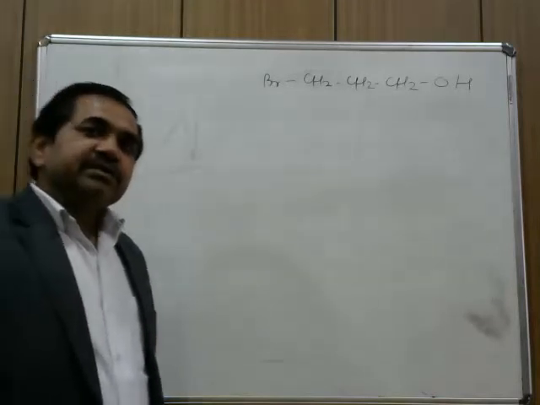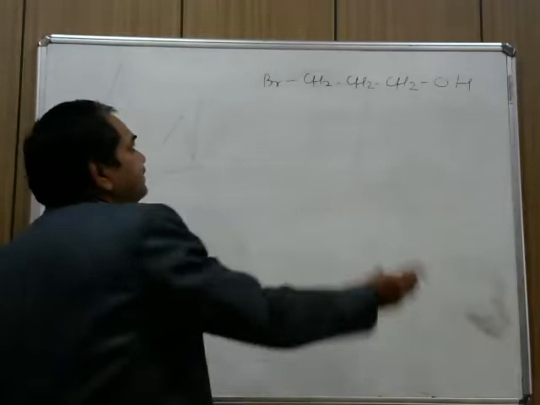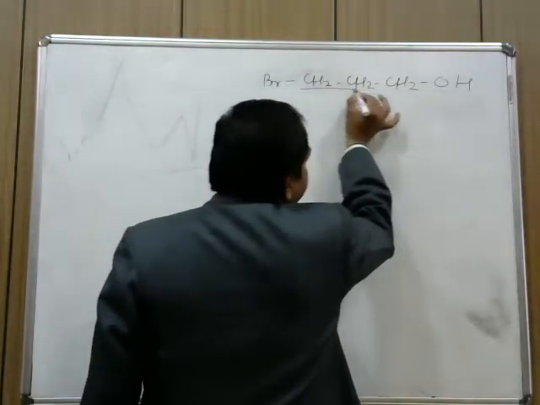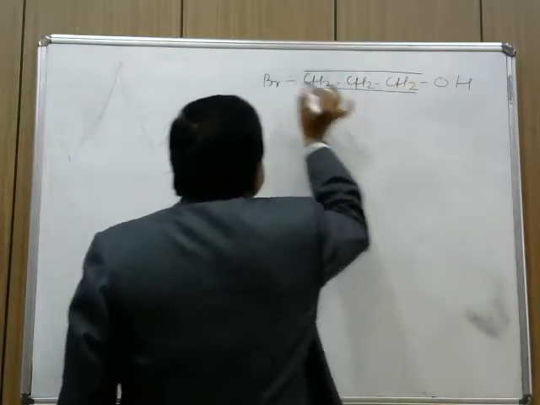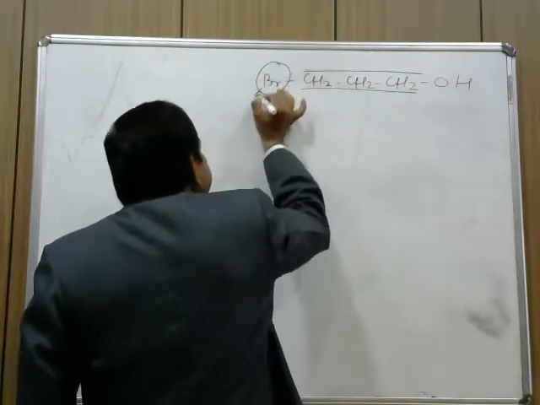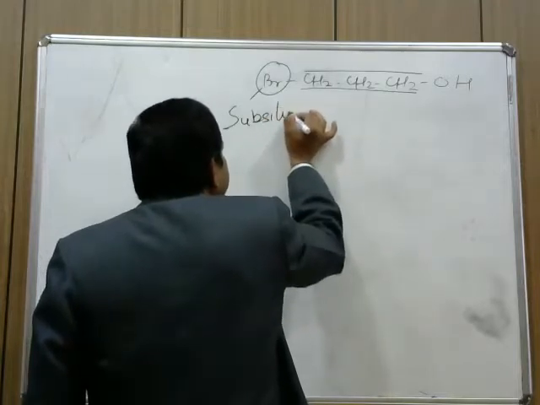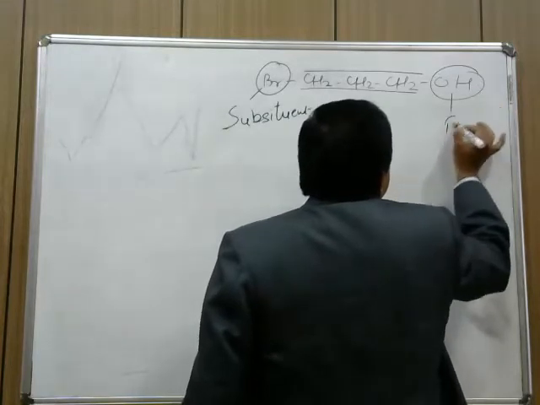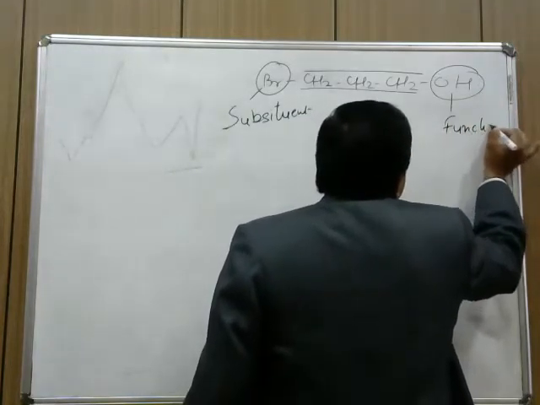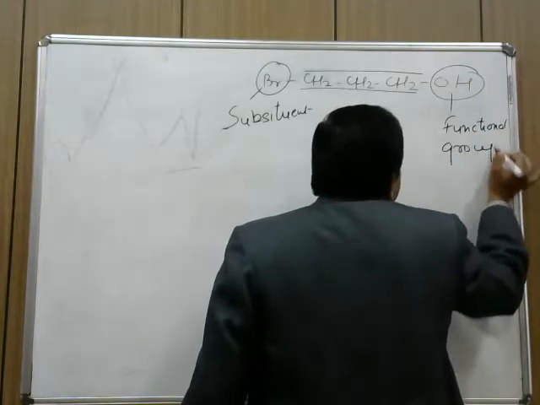So what will I do as a first step? In the first step, I will try to identify the parent chain, and once I have identified the parent chain, I realize that there is a substituent and there is a functional group.